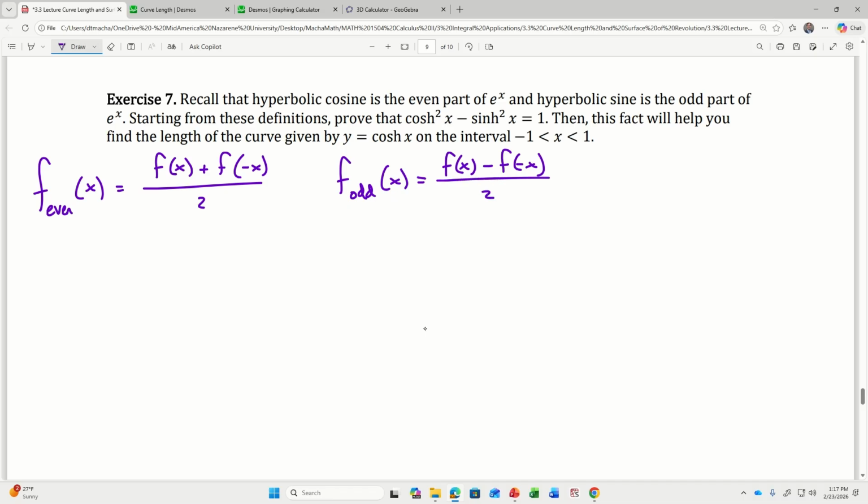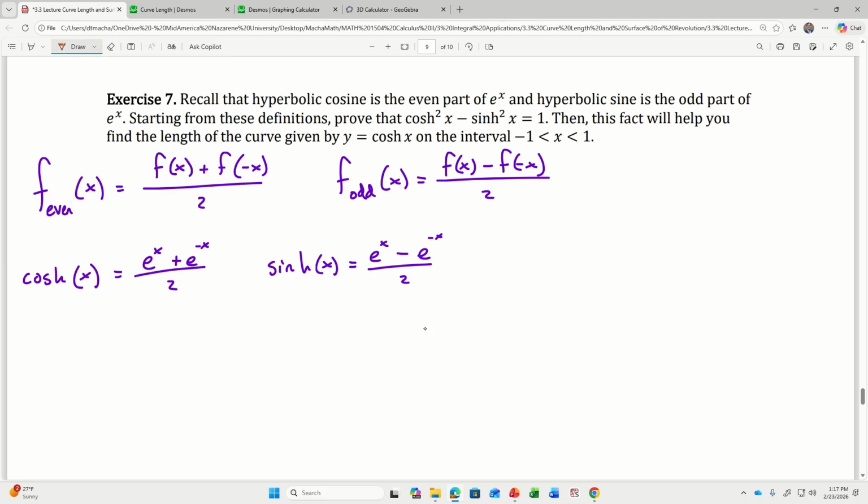So the even part of e to the x would be e to the x plus e to the negative x divided by 2, and the odd part of e to the x would be e to the x minus e to the negative x divided by 2. So that's what I mean by these definitions.